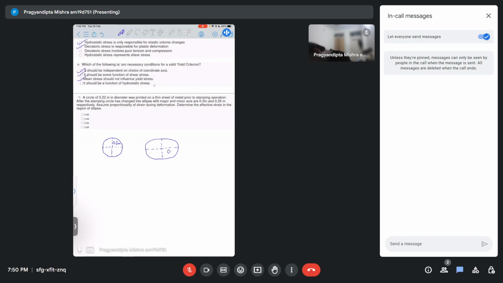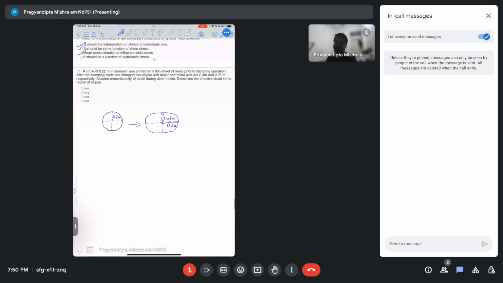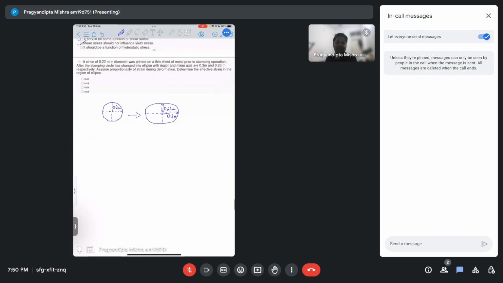So it is 0.3 meters on this axis and 0.26 meters on this axis, from initial to final. Let's say this is direction 1, this is direction 2.